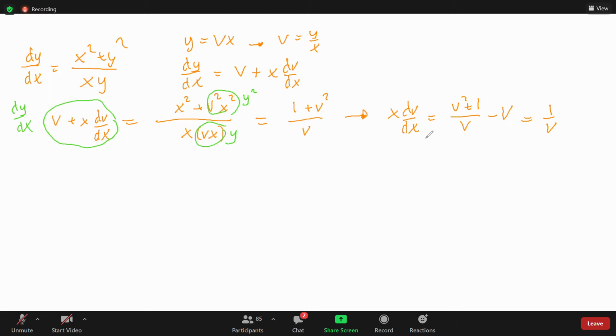So we now separate the two integration variables, so that on the left-hand side we have v in dv. On the right-hand side we have 1 over x in dx. Solving this gives us 1/2 v squared is equal to ln x plus c.